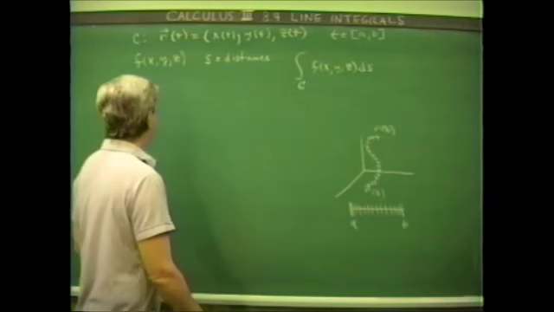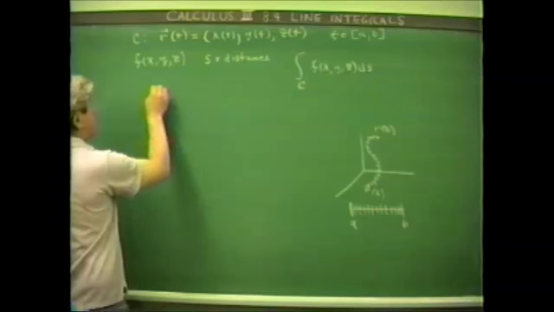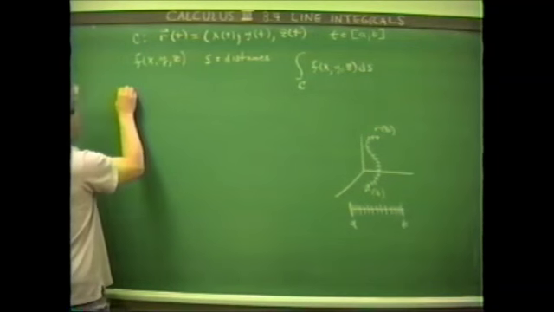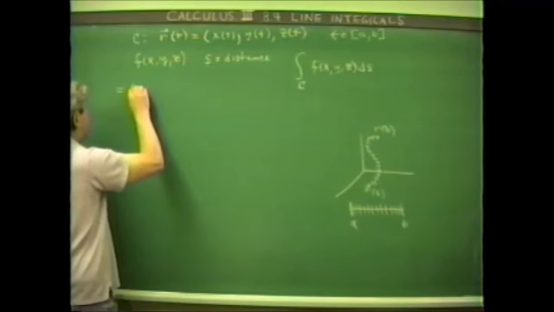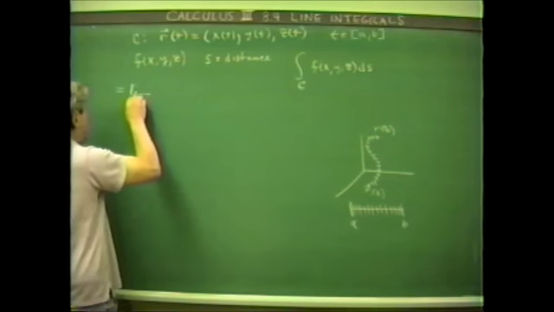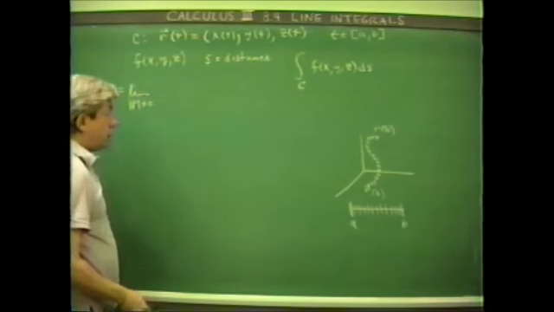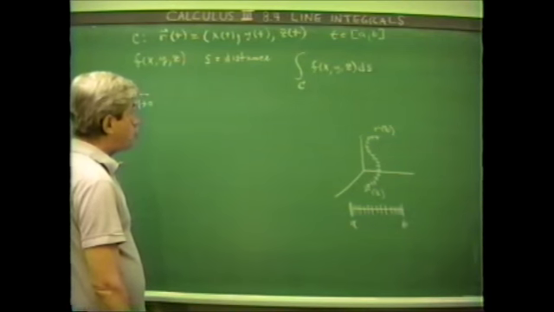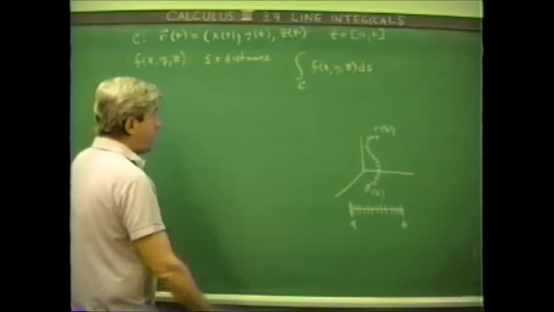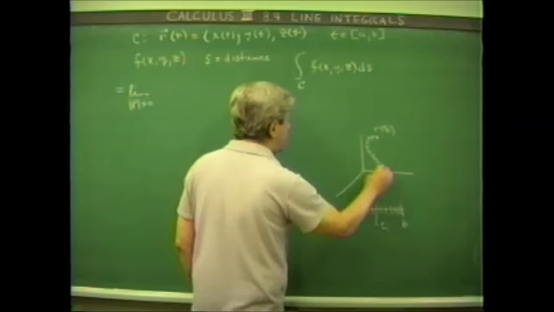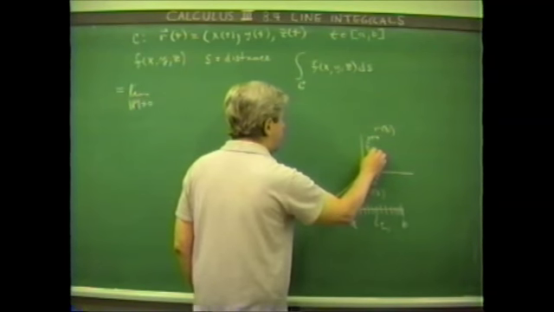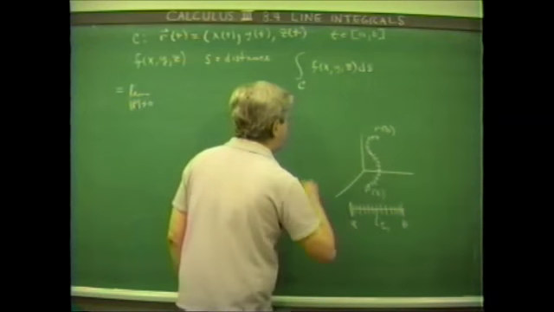And we want to take a look at this integral, which is going to be the limit as the partition goes to 0, of, at each point here, we wish to select the point ti in the interval, and that's going to correspond to a point here, like so.